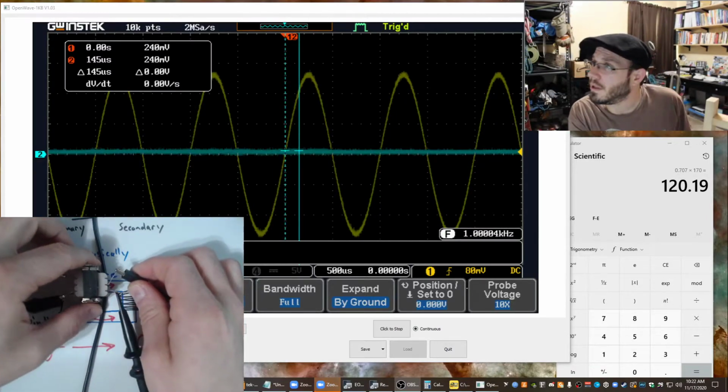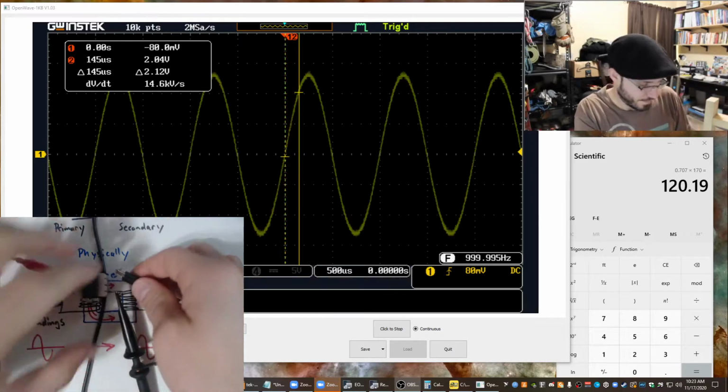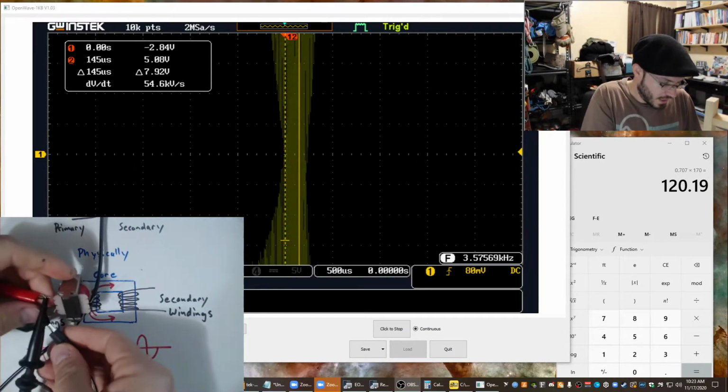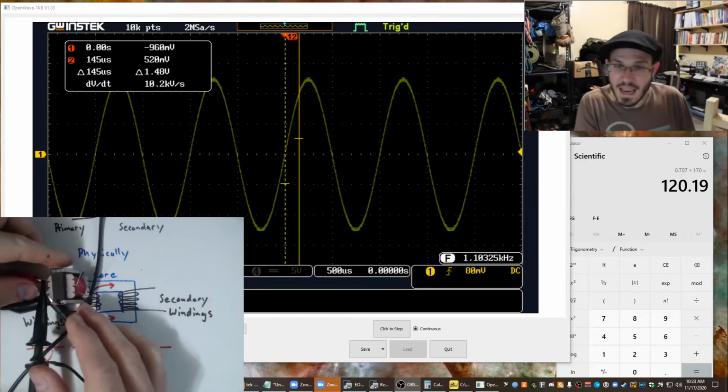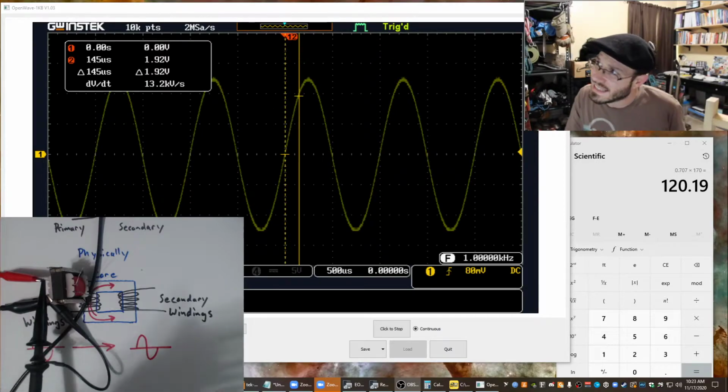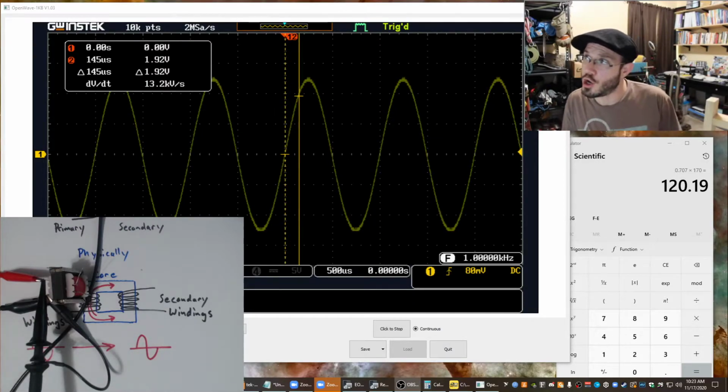If you look, the output is a sine wave, and the input is our AC sine wave. Okay? So AC is getting through this transformer, no problem.